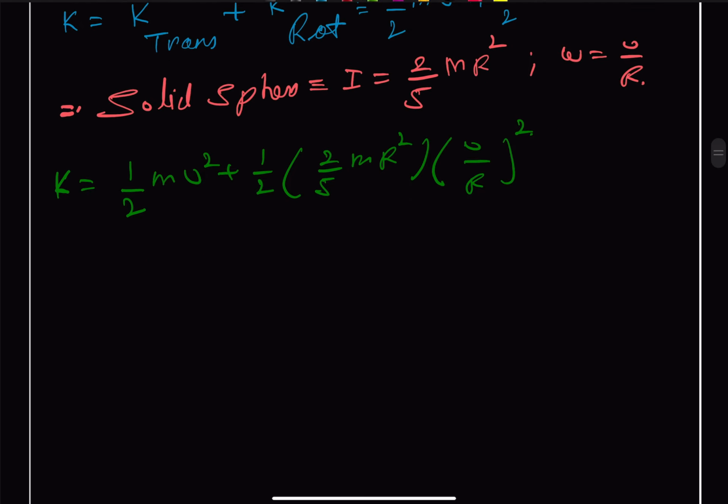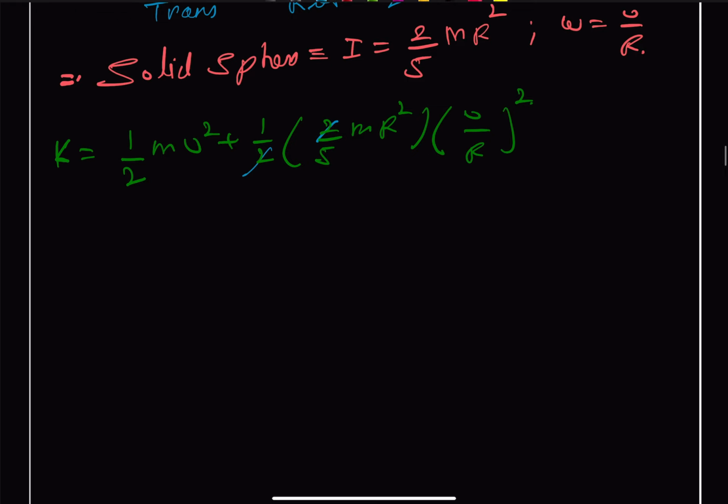And here 2 and 2 cancel out, so we get this will be equal to half mv square plus, this r square will be cancelling and v square left. So this comes as 1 by 5 mv square, and 10 will be the LCM, and this comes as 7 upon 10 mv square.